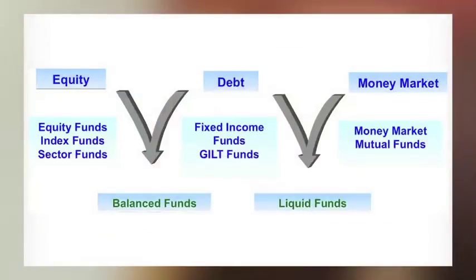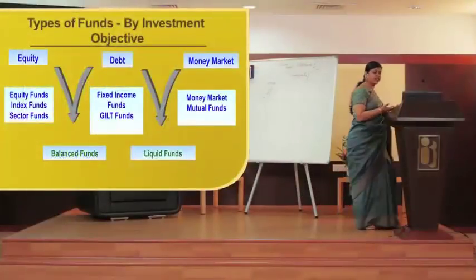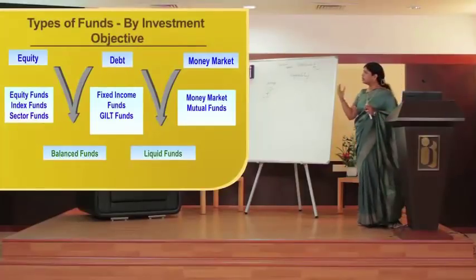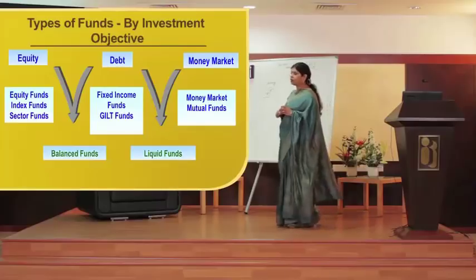The risk exposure is pretty high, so it might not suit those people who are risk averse, who don't want to take any risk. For them, debt can be a better choice. A debt fund allocates the maximum portion of the fund into debt instruments, right? And in debt also we have a variety of funds, which are fixed income funds and gilt-edged funds. So, there are different types of funds in the debt category also.